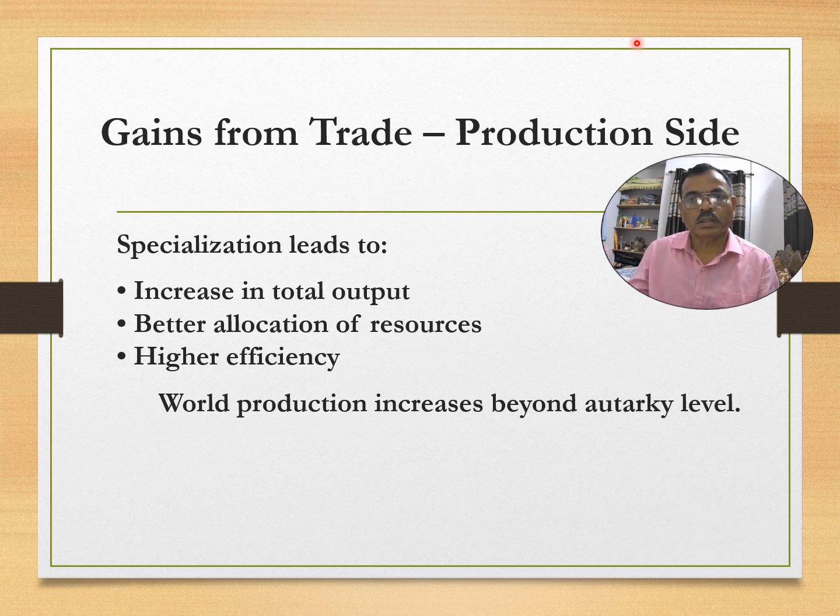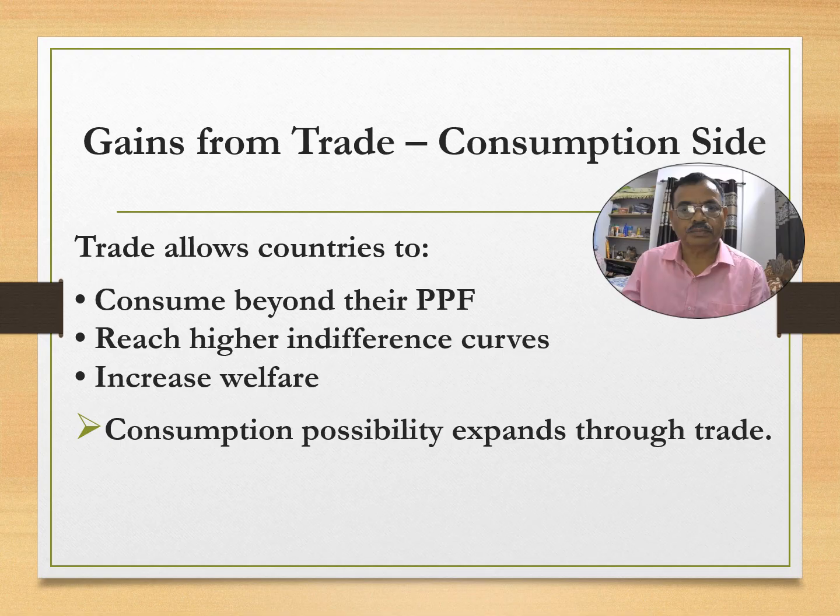But gains are not limited to production. There are also gains from the consumption side. Under autarky, that is, the closed situation, consumption is restricted to points on the domestic production possibility frontier.